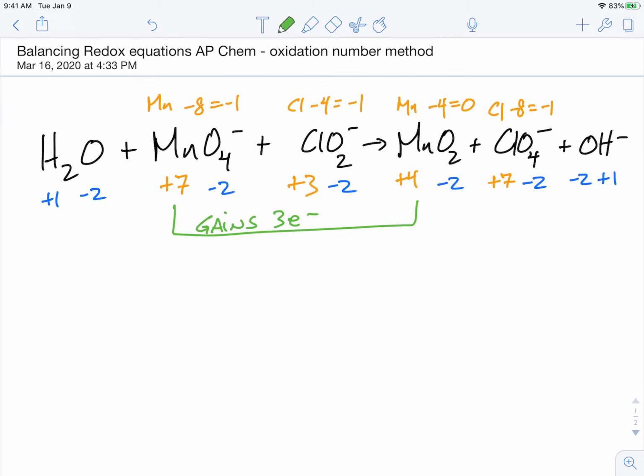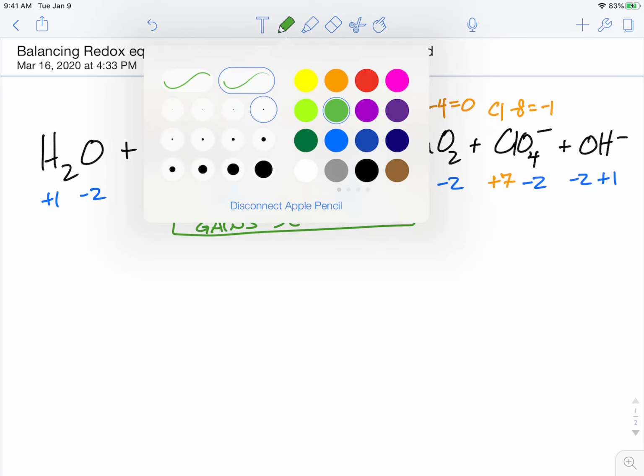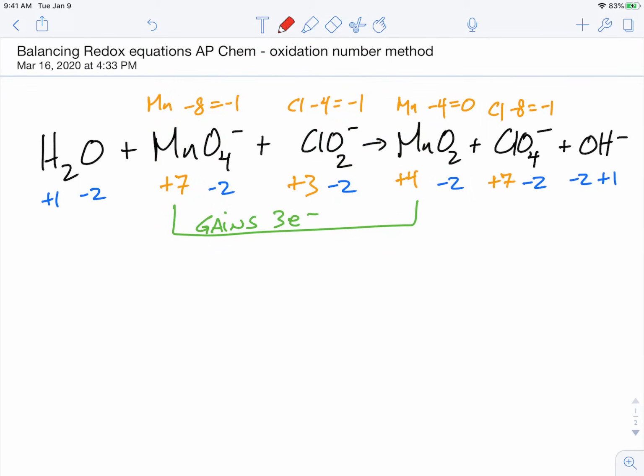Then if something is gaining electrons, something else must have lost the electrons. Looking at the chlorine, it's going from +3 to +7. So this is actually losing 4 electrons.